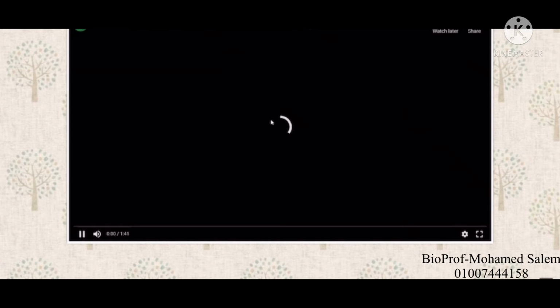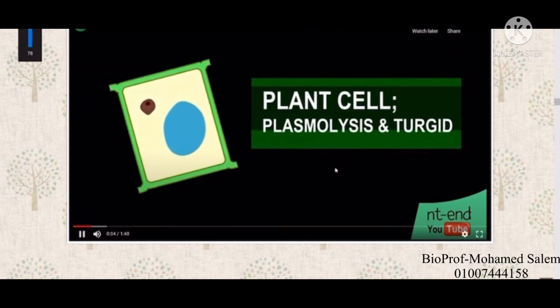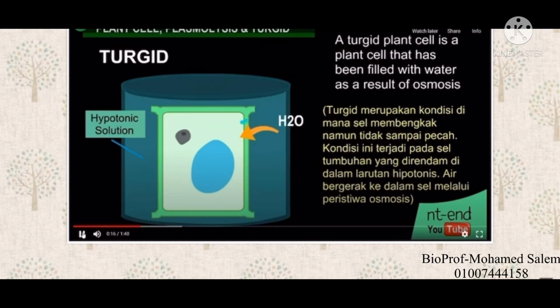So now we know the meaning of plasmolysis and turgid, and they are opposite to each other. First is the turgid cell.